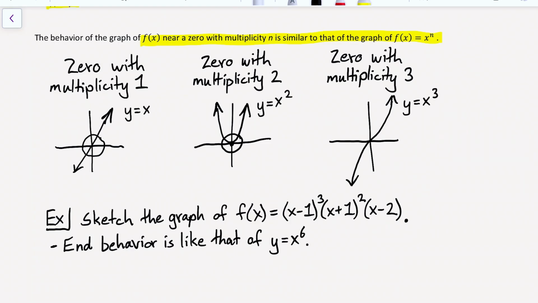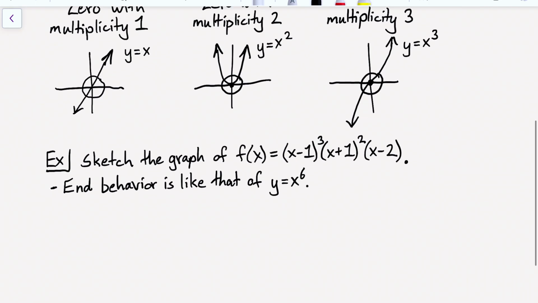A zero with multiplicity 3 is going to be similar to the graph of y equals x cubed near that zero, which crosses the x-axis at a slight curve, and then continues on. So this is very powerful because we can begin to describe what the graph of f of x looks like near its zeros with their given multiplicities.